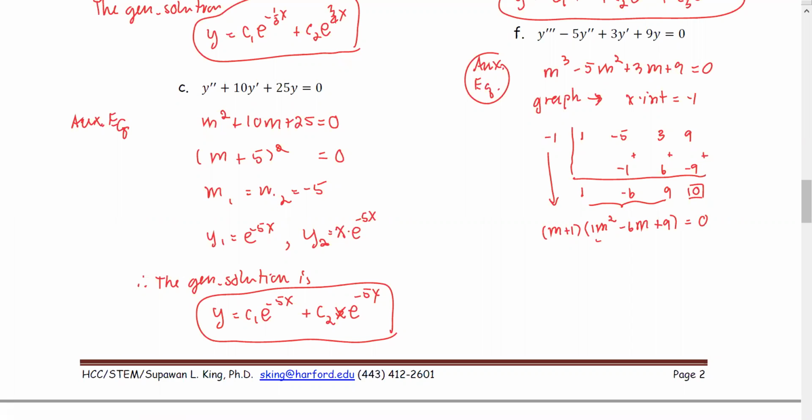And then we can factor m squared minus 6m plus 9 further, which is m minus 3 times m minus 3 equals 0. For this case, we have m equals negative 1, 3, and 3. Now we have repeated roots.